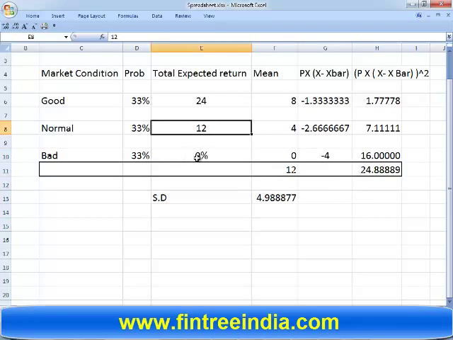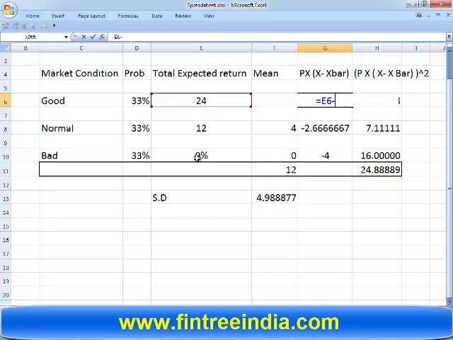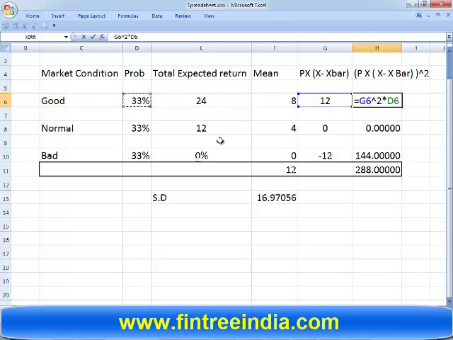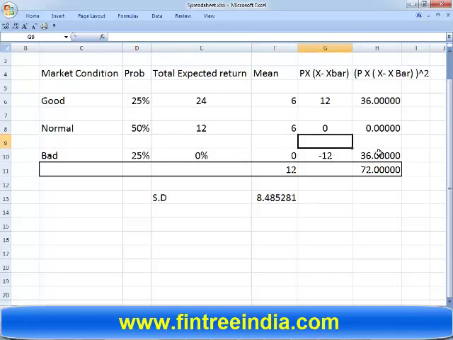So if I decide 24 minus 12, then take a square, 25 again, 50 again, 25 again.